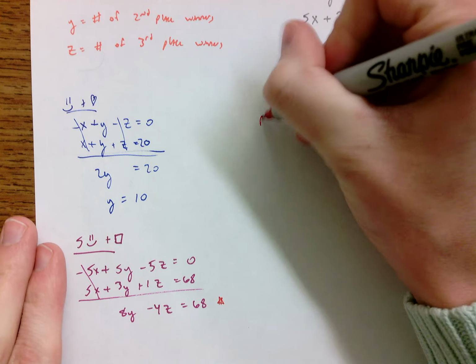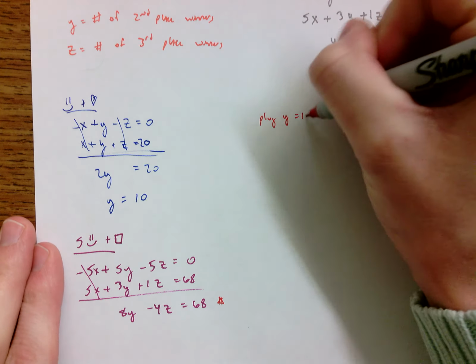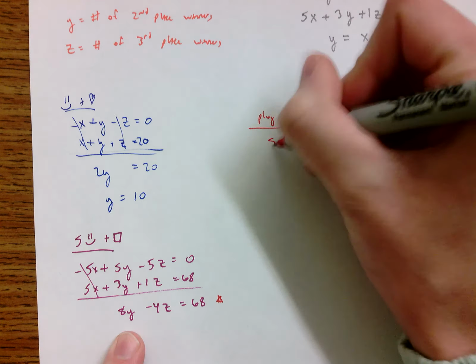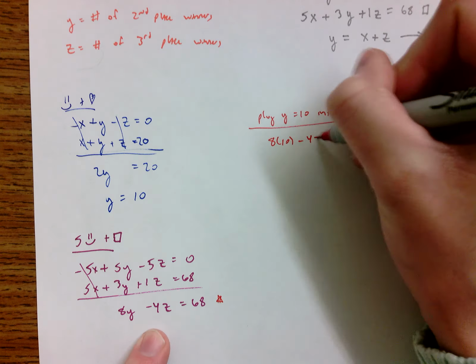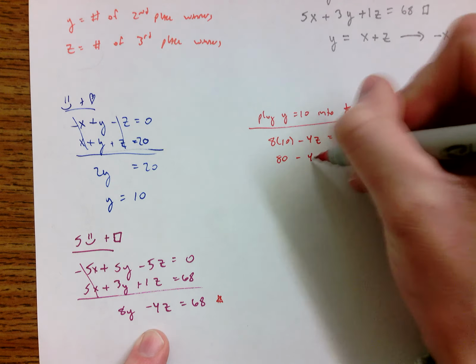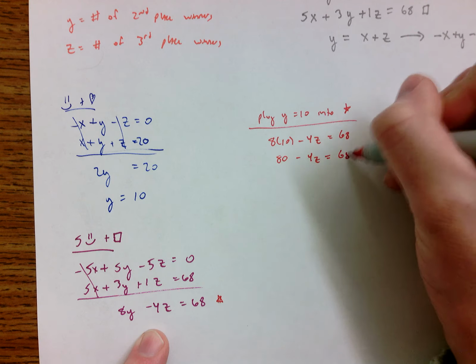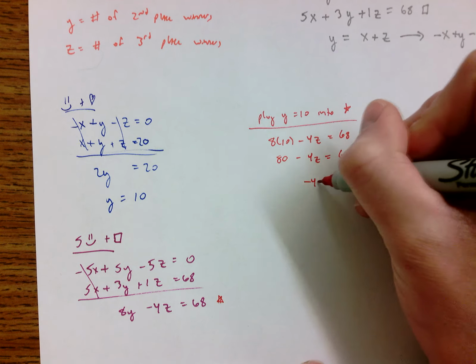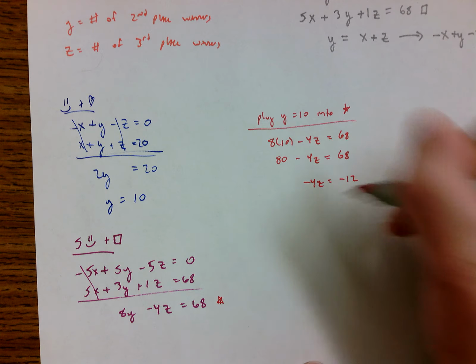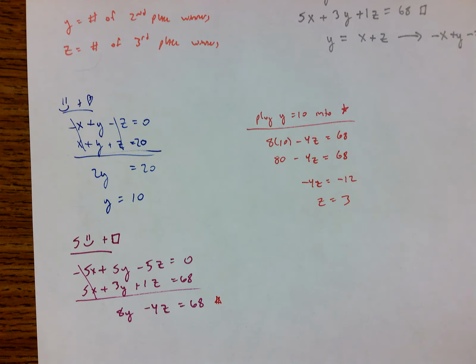So I'm going to plug y equals 10 into star. So I'm going to get 8 times 10 minus 4z equals 68. So 80 minus 4z equals 68. See, if we subtract the 80 from both sides, that's going to be -12. So then z equals 3.